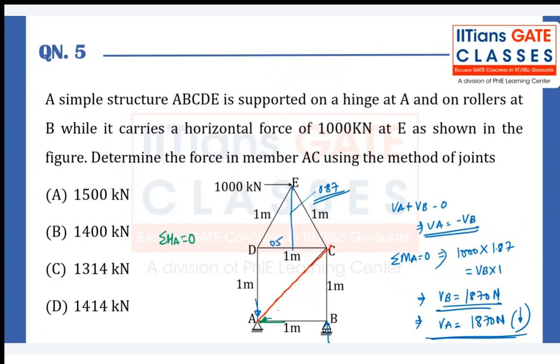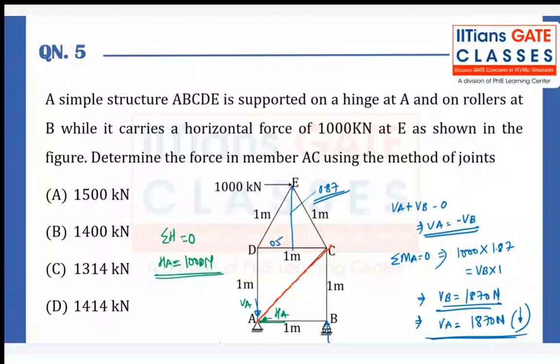and we can conclude that HA is equal to summation of all horizontal forces at A is equal to 0. So HA, that is horizontal force at A, is 1000.